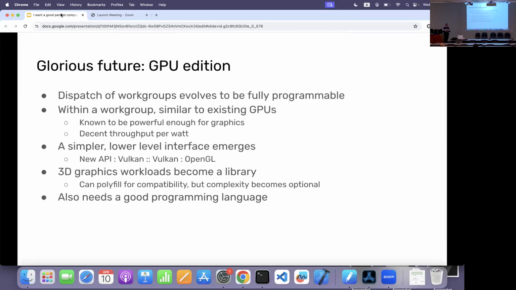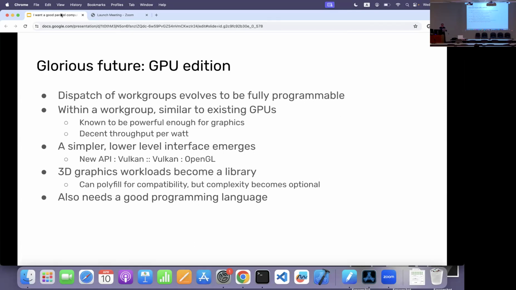So in my vision, you write a little teeny program that says the inputs are ready. I am going to launch this particular work, or I'm going to decide between these particular work groups that I might launch based on load balancing. In order for this vision to really manifest, we need to have a lower level API because Vulkan is just too complex.